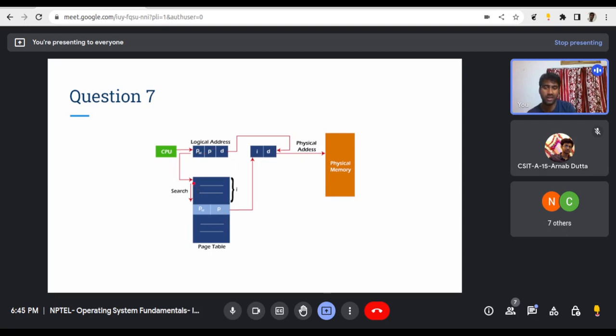We have to linearly search or find some other effective search technique to search this kind of page table. As you may remember, in previous cases this page table was indexed by using the page number, when there was the concept of page tables from the virtual memory.